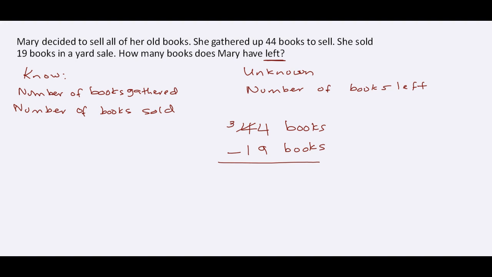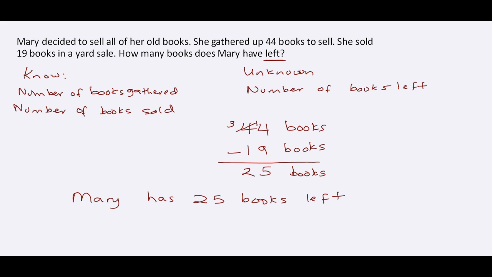The neighbor is left with 3, but the 1 that we have now makes this number 14. 14 minus 9, we have 5, and then 3 minus 1, we have 2. So Mary has 25 books left.